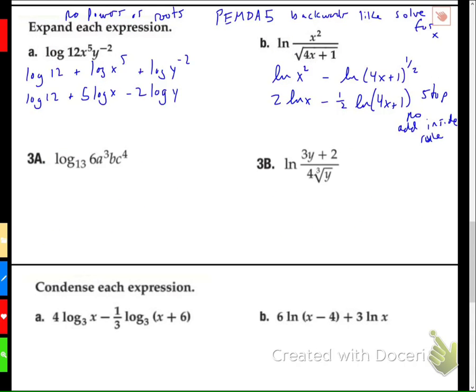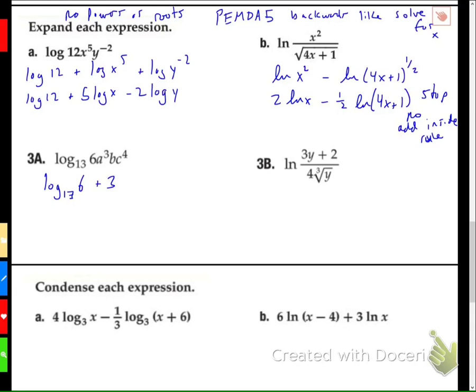Okay, so this next one here, it's going to be kind of a pain. I got to write out log 13 a bunch of times, so I'm going to try to do as few steps as possible. Okay, so log 13 of 6, that's a number. Plus, okay, it's going to be log 13 of A to the 3.